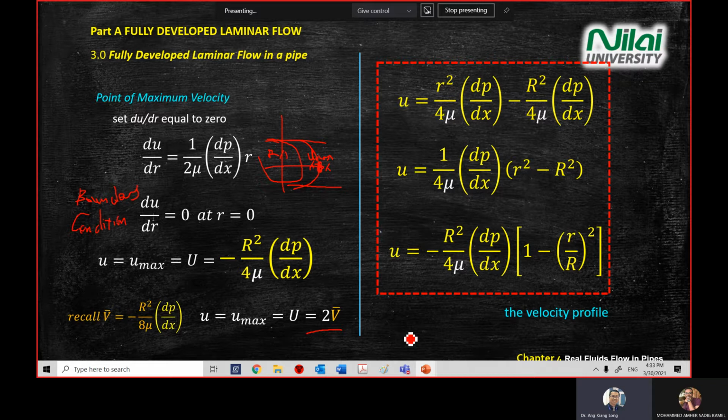You write du over dr equals 0 at r equals 0, then you calculate u max equal to minus r squared divided by 4 mu dp dx. Then you recall the average velocity equals minus r squared divided by 8 mu dp dx. You substitute in the equation, and you write u max equals 2 times the average velocity. From there, you can find either the average velocity or the maximum velocity, depending on which information is given.